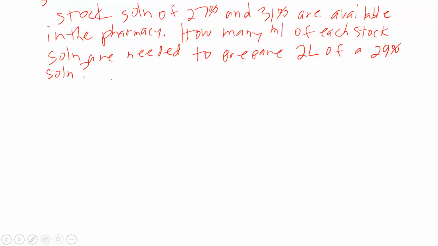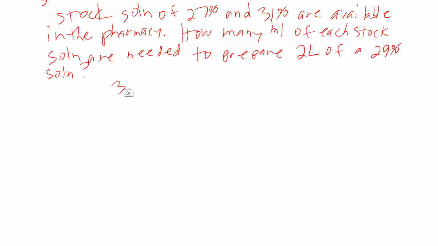So the first thing we do is look at the stock solutions. We know there are two concentrations, 27% and 31%, available in the pharmacy.